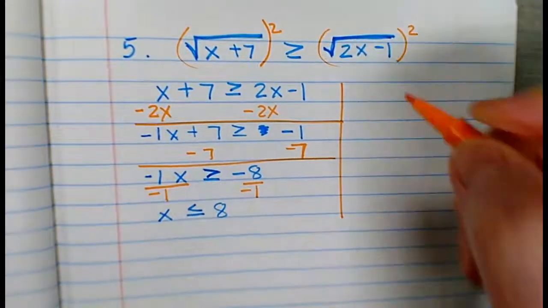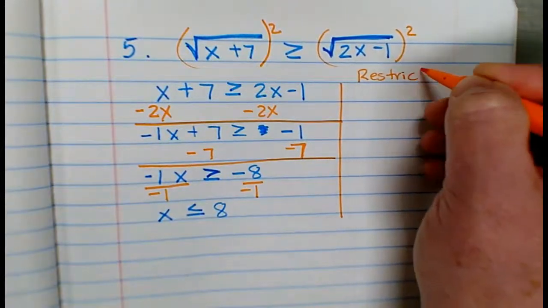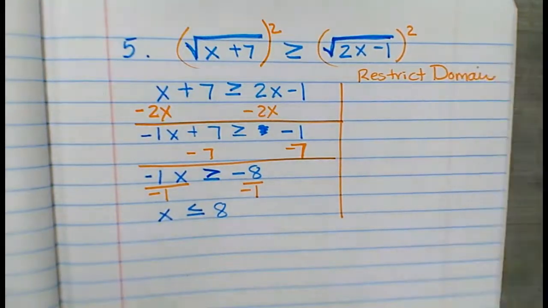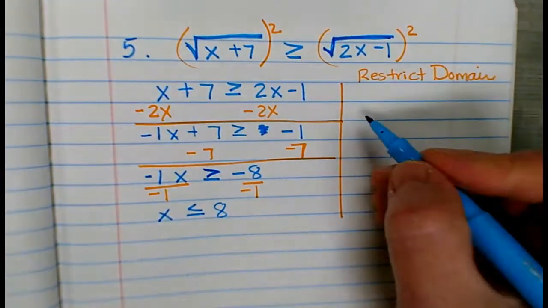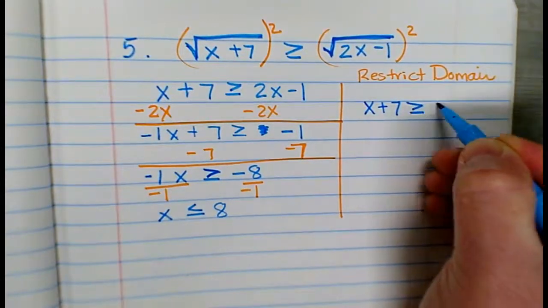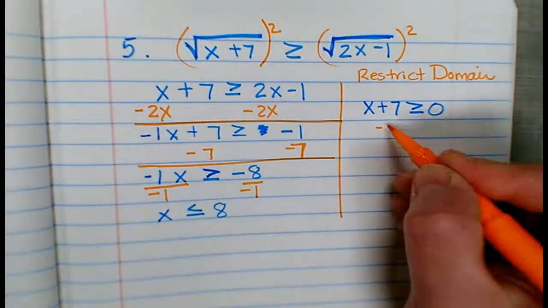Also, I must check the domain or restrict the domain or get a reasonable domain. The x plus 7 has to be greater than or equal to 0 because I do not want to have a negative under the radical sign, which would give me an imaginary answer.